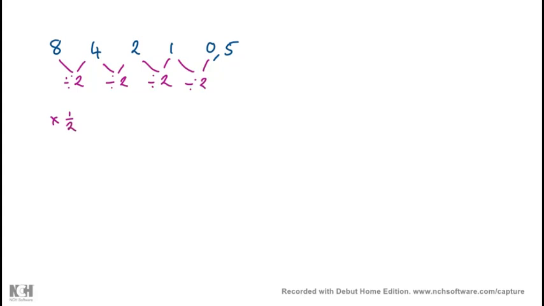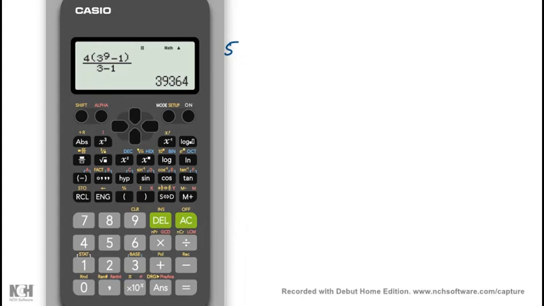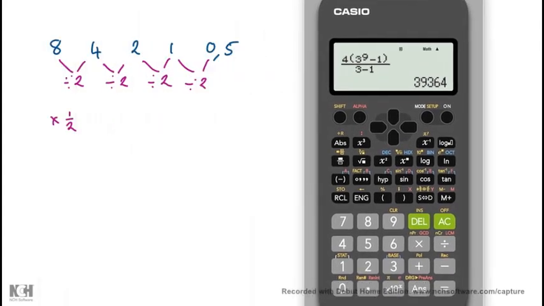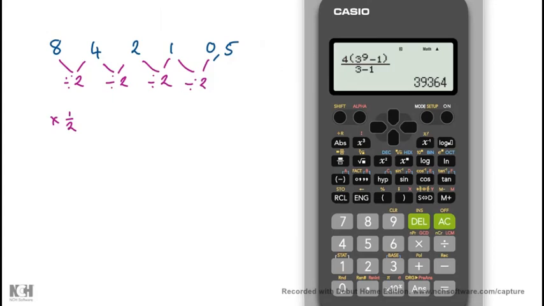Now let's take our calculator and see what happens further into the sequence. Let's find the other remaining terms of this particular sequence. If I take 0.5 and divide by 2, now it's 0.25.